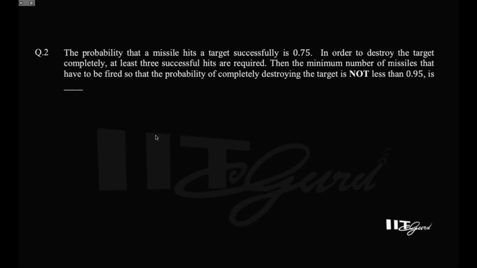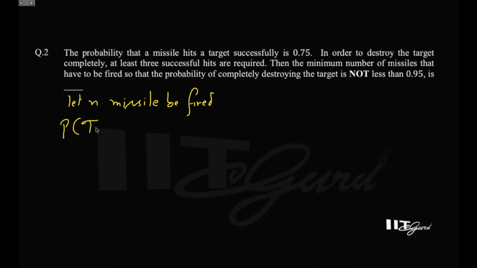So what we see over here, you can assume that n missiles be fired for this target. Okay, so what do you have to find? We have to find the probability that the target is destroyed.